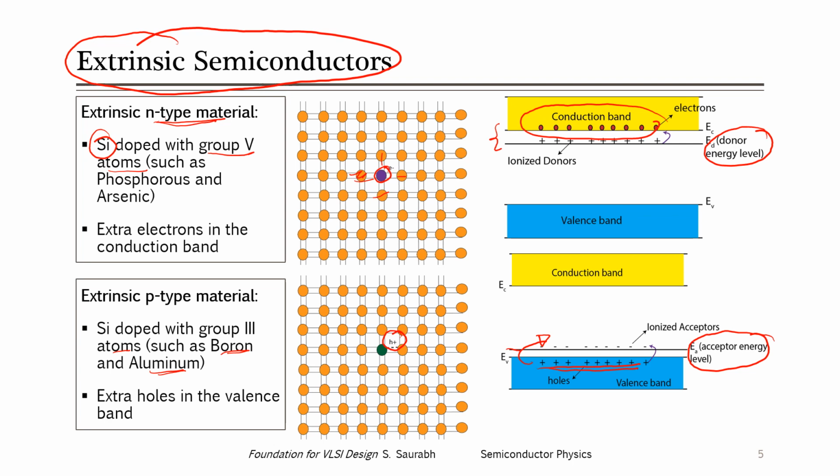This is one of the major reasons why semiconductors are widely used in devices or transistors, because the properties of the semiconductor material can be changed easily and adjusted as per our requirement.